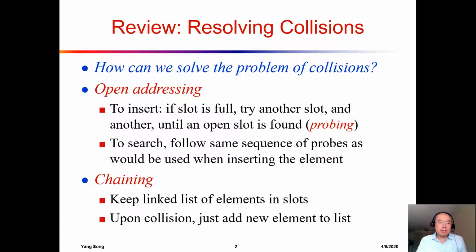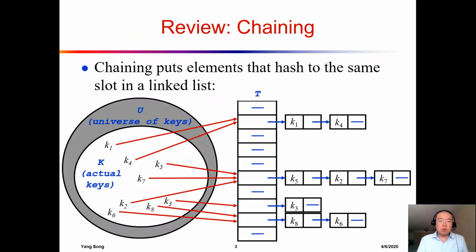The next one is called chaining, which means instead of using each of the slots as one spot for one key, we open up a linked list. If we send two keys to the same slot, this slot will be the head of a linked list. So key 1 is sent to this slot, and this starts a linked list, and key 1 will be the first node.